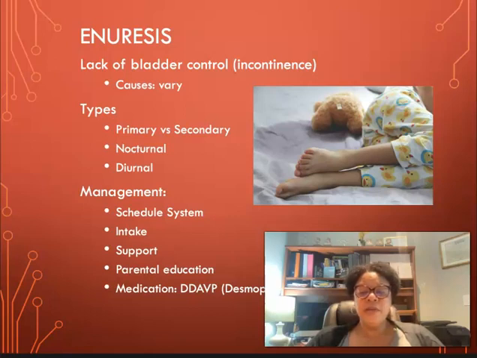There are certain things that we can have the families do to help stop this from happening: limiting the amount of fluids at a particular time during the evening, making sure that they go to the bathroom before going to bed, and making sure that they completely empty their bladder. Another management that we do, because we don't want a child to be dehydrated, is to schedule a system. Usually we encourage them to increase their fluids during the day, and then I told you about what we would do at night. Make sure the parents know not to scold their children.